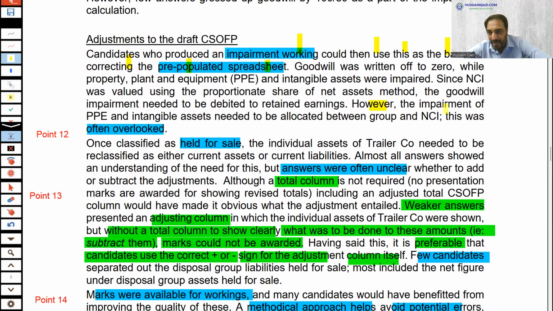However, impairment of PP&E and intangibles needed to be allocated between group and NCI, and this was often overlooked. So be careful, either full goodwill method or proportionate method. Irrespective of full goodwill or proportionate method, it actually affects the goodwill working.